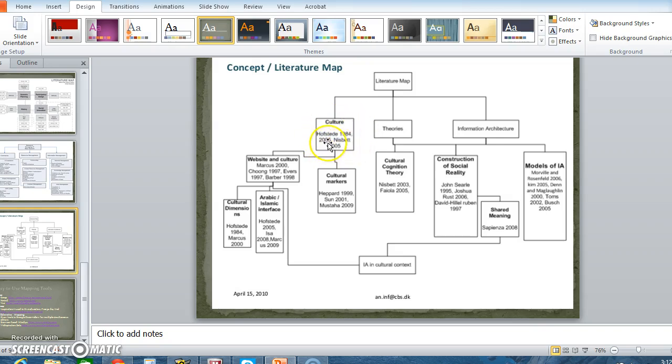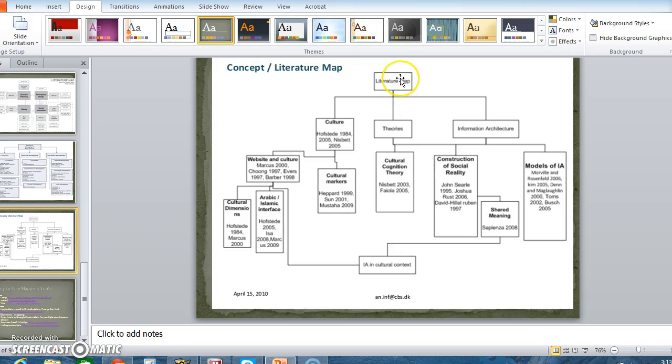Here's some of my main sources, and underneath I've got some subtopics such as culture that resides in websites, cultural markers that seem to crop up, and then in particular the types of website and cultural markers that seem to be constant would be Arabic and Islamic interfaces that have a certain type of cultural dimension to them.